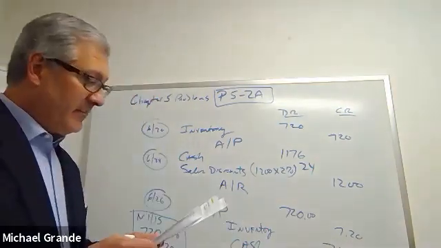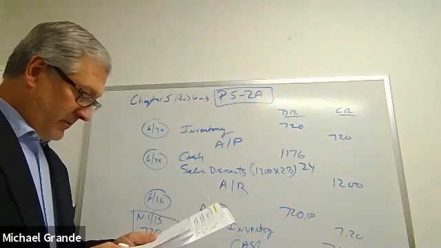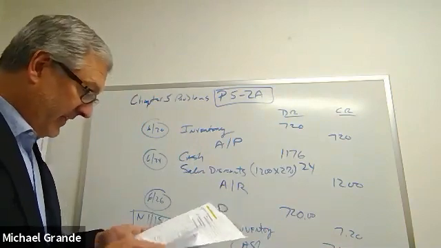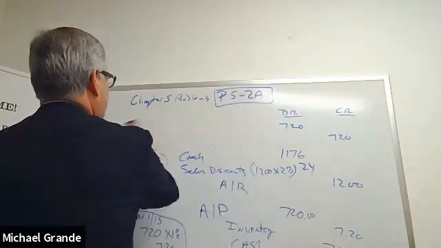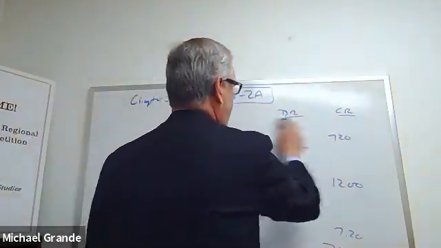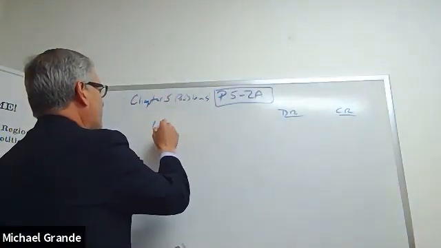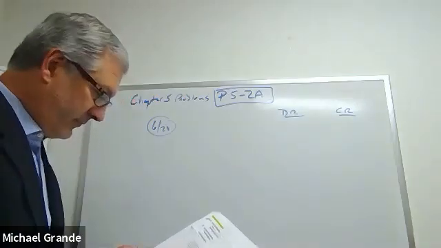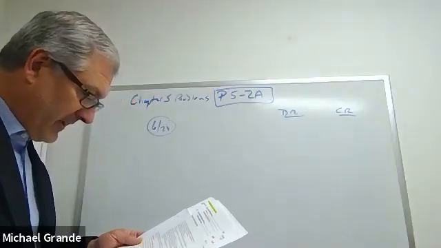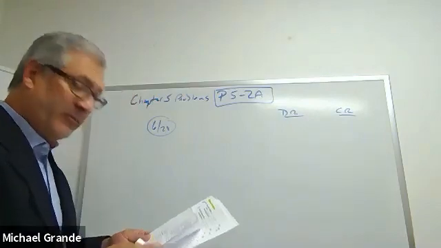Let's take a look at the 28th. This is 6/28. On the 28th, sold books on account to General Bookstore for $1,300. The cost of merchandise was $780.